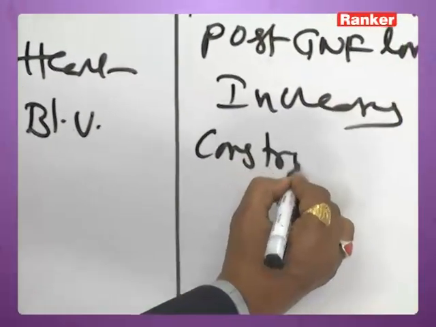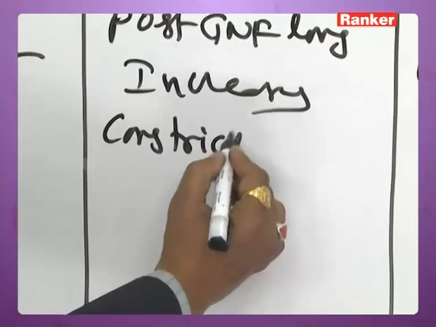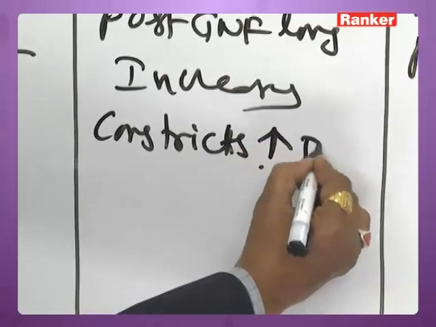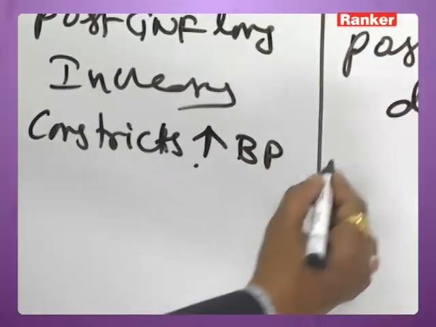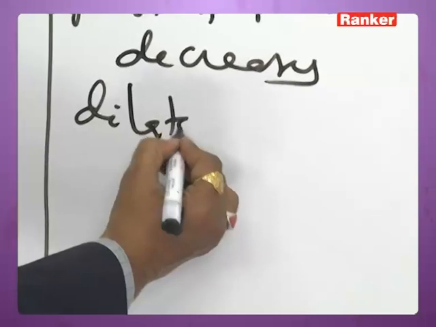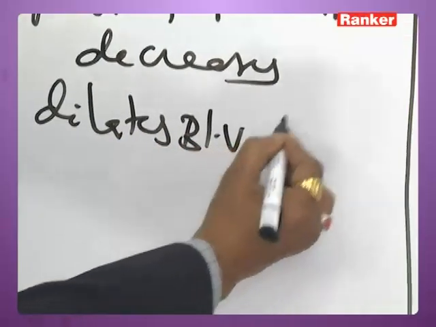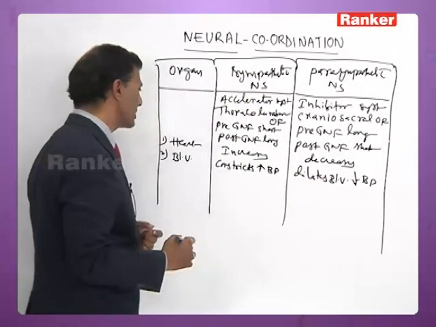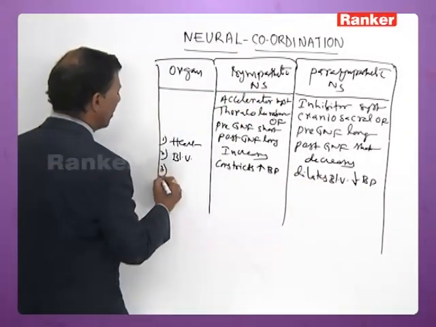The sympathetic system constricts the blood vessels. Most of the blood vessels are constricted by this and thereby blood pressure increases, whereas the parasympathetic system dilates the blood vessels and thereby lowers blood pressure. Next you have the pupil.